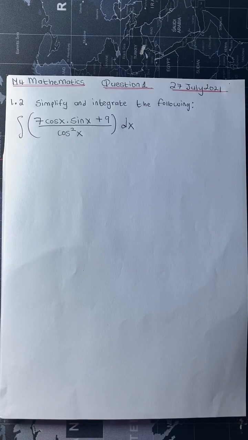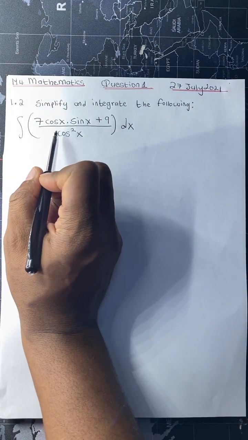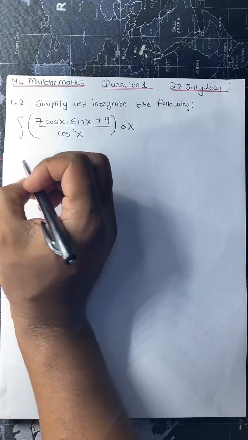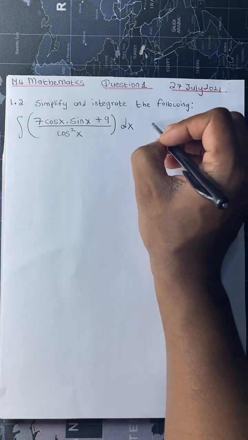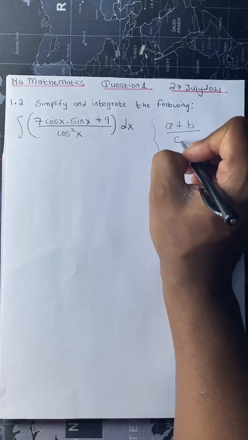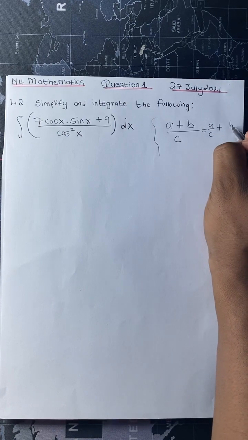Question 1.2, we have to simplify and integrate the following integral. So we have the integral of 7 cos x multiplied by sin x plus 9, all of which is divided by cos squared x. So if we had a plus b over c, this will be equal to a over c plus b over c.